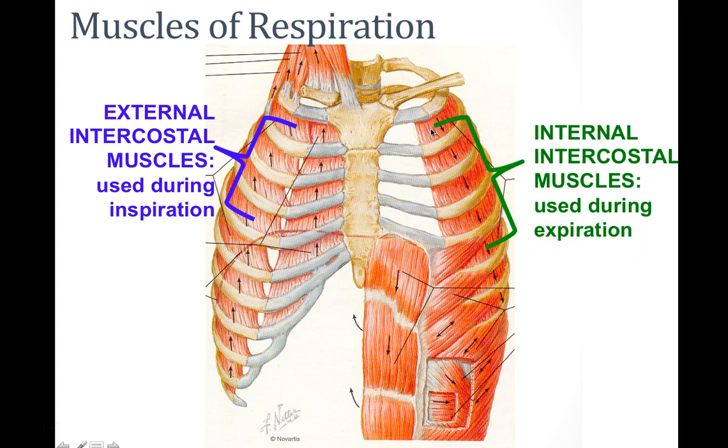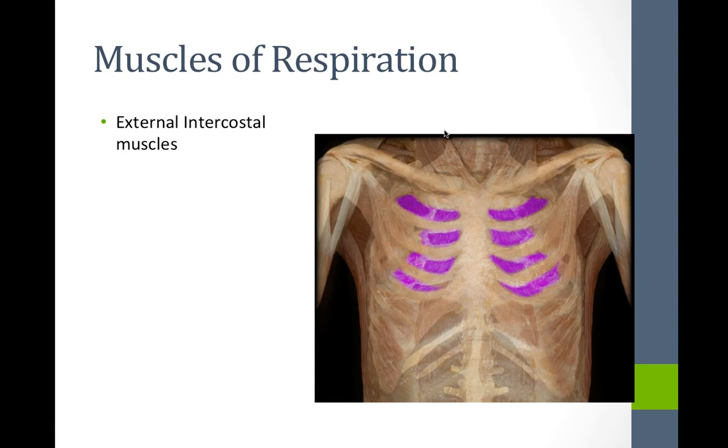And the way you're going to be able to tell the difference is partly placement. Your internal intercostals, you will find better examples of them more in the medial portion of your rib cage. But we will still find fibers laterally, of course, and you'll just see that their fibers are going to course a little bit more vertically or in an opposite fashion compared to that of the external intercostals.